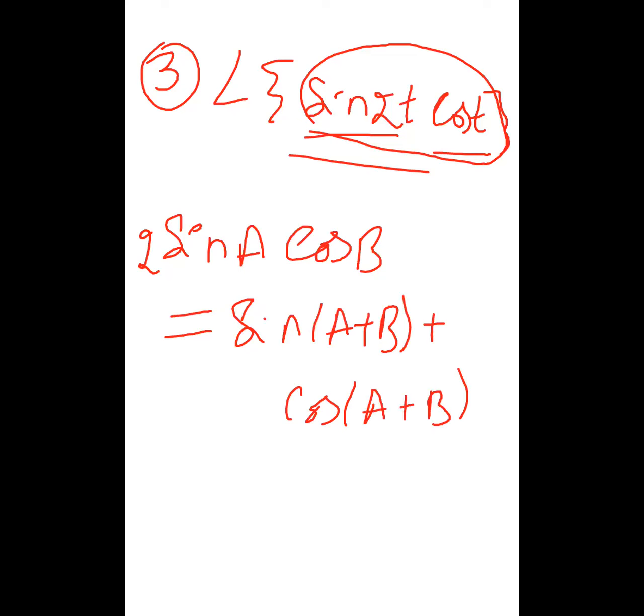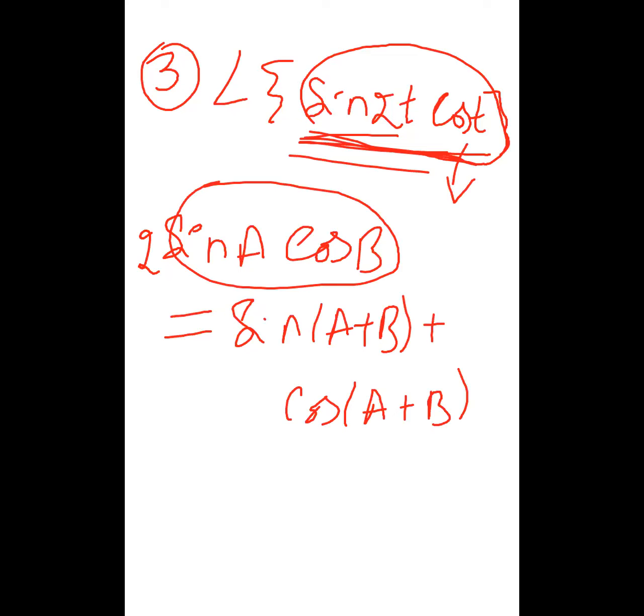Because the linearity property is not applicable for the given problem. So we convert the given problem into a form where the linearity property applies. That's why I use the trigonometric formula. So 2 sin A cos B equals sin A plus B plus sin A minus B.